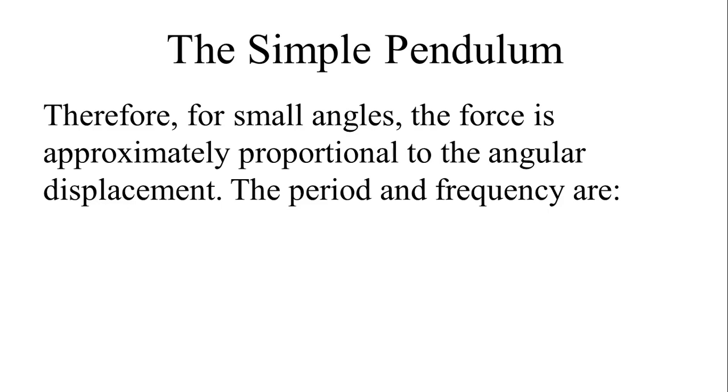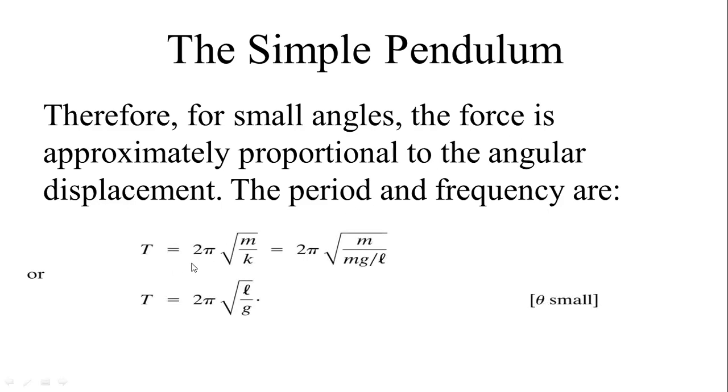The period is T is equal to 2 pi square root of m over k. Putting the value of k as mg over L, it converts into the simple pendulum T is equal to 2 pi square root of L over g, m cancels out by m, and theta is a small angle.